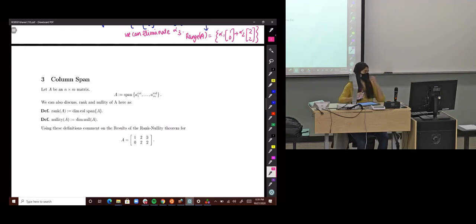So the rank of A basically is the number of linearly independent columns of A, which we can also write as the dimension of the column span.